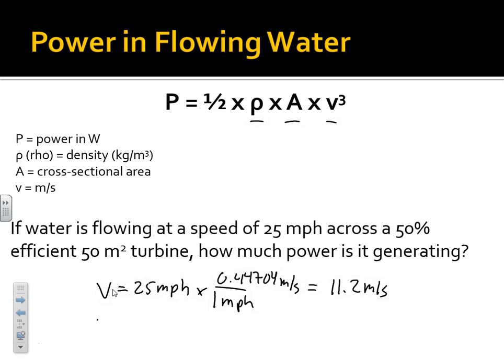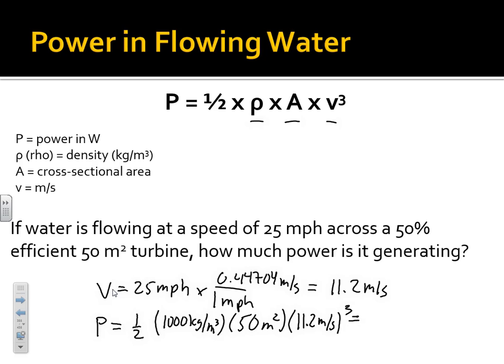So power then is 1/2 times the density of water, which is 1,000 kilograms per cubic meter, times our cross-sectional area, 50 square meters, times our velocity, 11.2 meters per second, cubed.